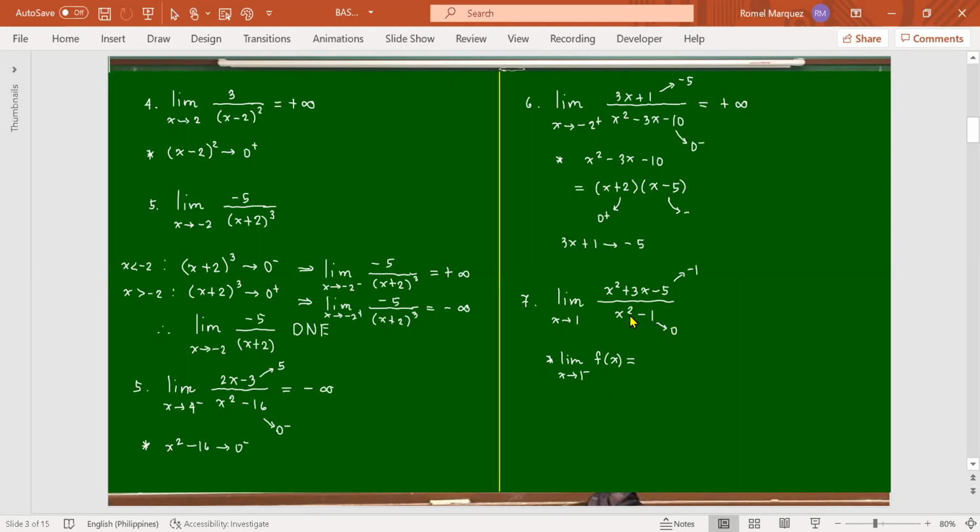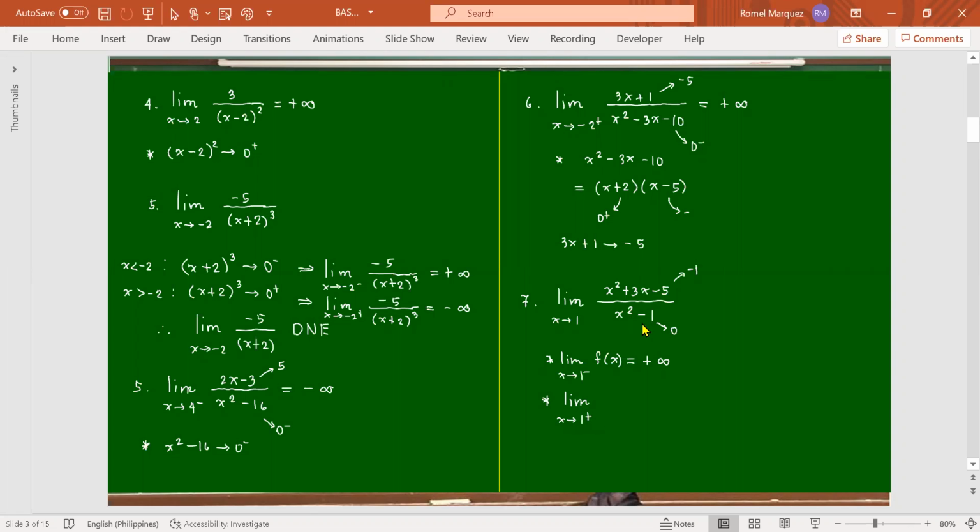From the left, x is smaller than 1, so through negative values. So with a negative numerator, the limit is positive infinity. Am I correct?